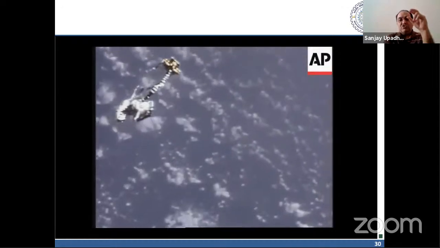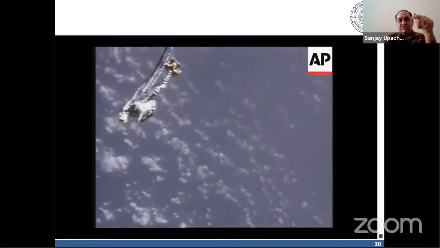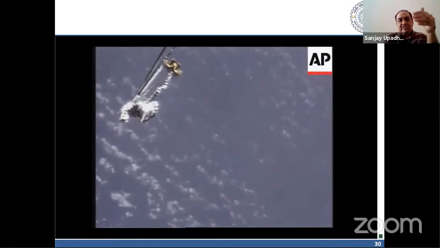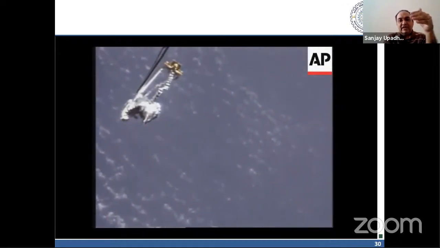Initially, as you have seen, this is the compact model, and then the inflatable struts start to inflate.